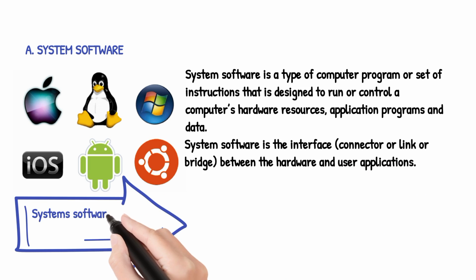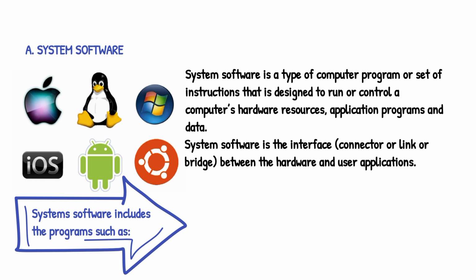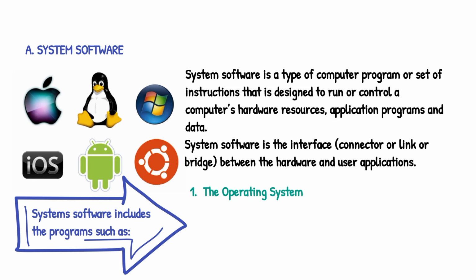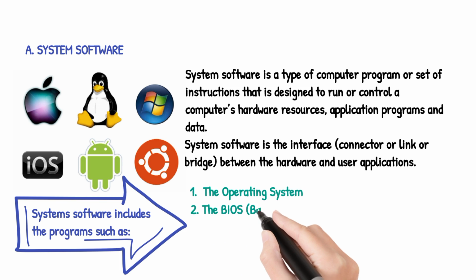System software may include programs such as 1. The operating system. The operating system manages the computer hardware and resources, including application programs and data. 2. The BIOS.